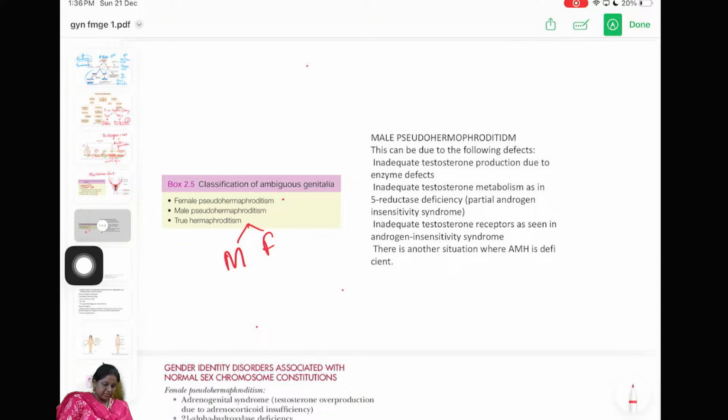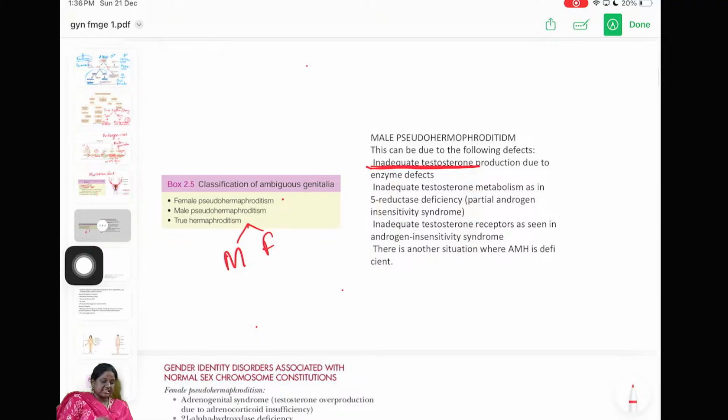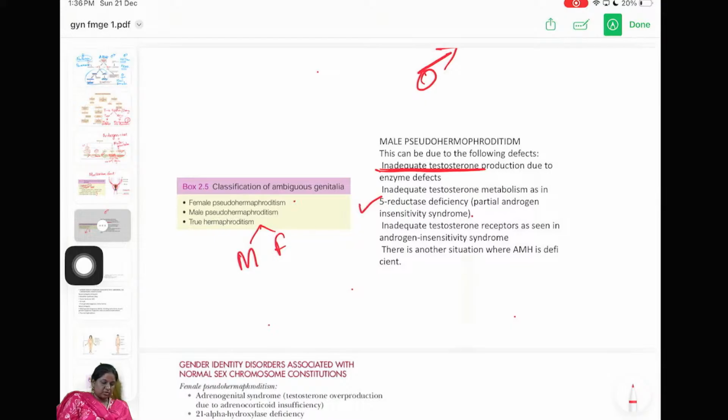In male pseudohermaphrodite, the problem is inadequate testosterone. The person is a male only, but since there is less testosterone, either there is 5 alpha reductase insufficiency, that is partial androgen insufficiency syndrome, or inadequate testosterone receptors, as seen in androgen insensitivity syndrome, AIS.